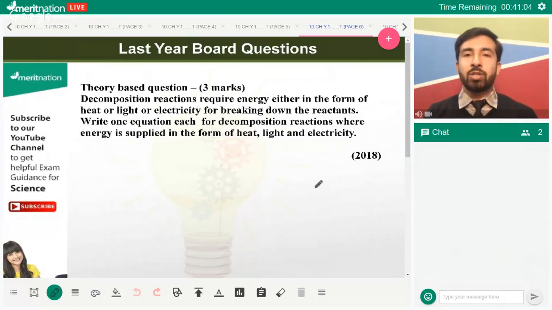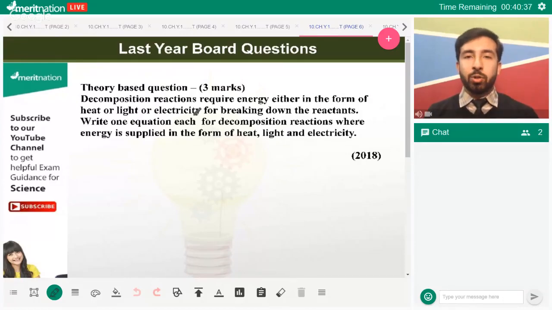Can anyone of you tell me what decomposition reactions are first of all? Then we'll move on to the examples of decomposition reaction with respect to light, heat, and electricity. Is there anyone who would explain what a decomposition reaction is? Correct.